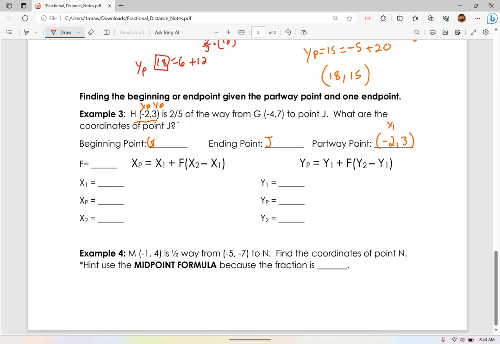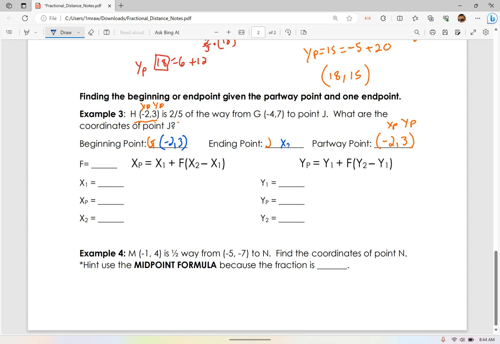Remember, that's like xp, yp. So we have G right here, and we have J, which we don't know. That's going to be our x2, y2.